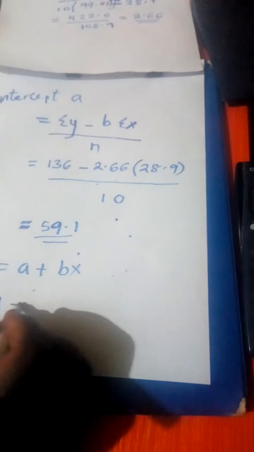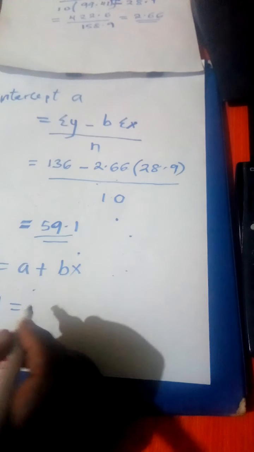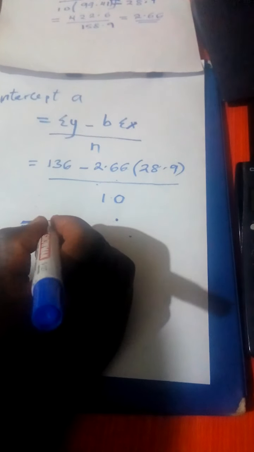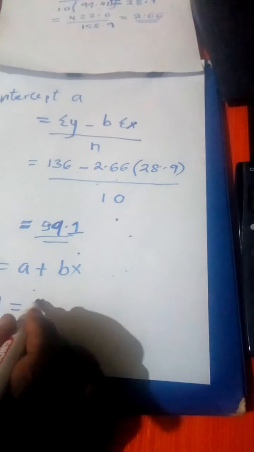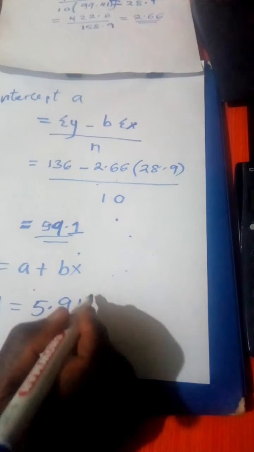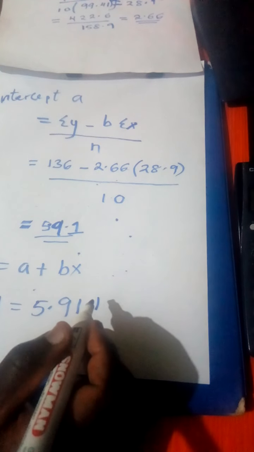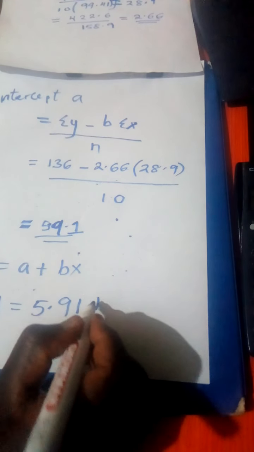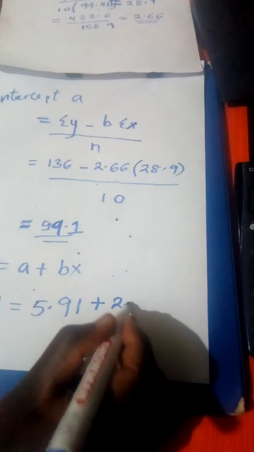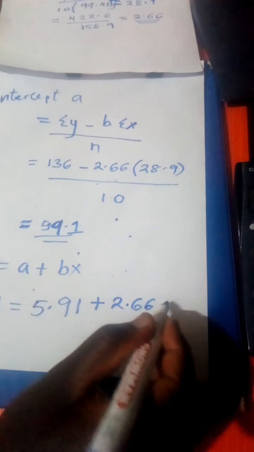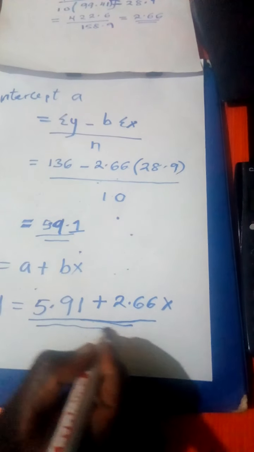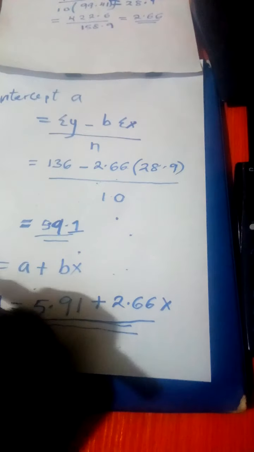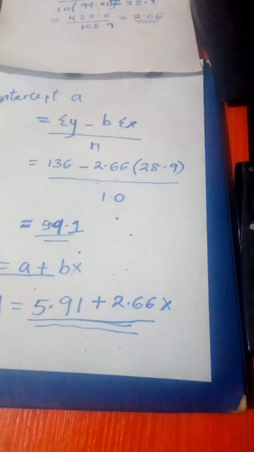The value of a is 5.91, and the value of b is 2.66. So y equals 5.91 plus 2.66x. Now we have ascertained this equation of linear regression.